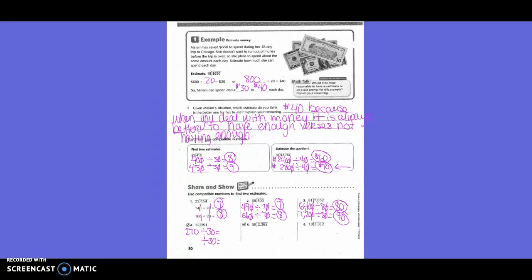And then what's your next multiple? 30, right? So 300. So mark off the 0, mark off the 0. 27 divided by 3 is 9. Mark off the 0, mark off the 0. 3 divided by 3 is 1, and add up. Our answer would be between 9 and 10.